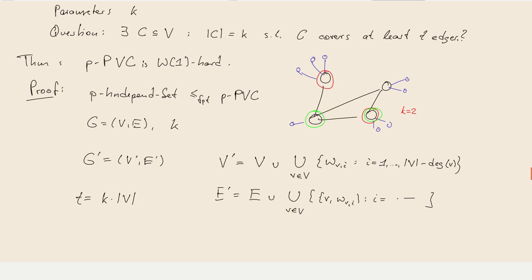Maybe this is a good point to stop, even though we started a bit late. But I think it's better to cover this in a bit more detail. And then we'll start next time with the algorithmic part of the FPT theory. So this is as far as I want to go with the complexity part. You are now equipped with machinery to show that a problem is W1 hard.